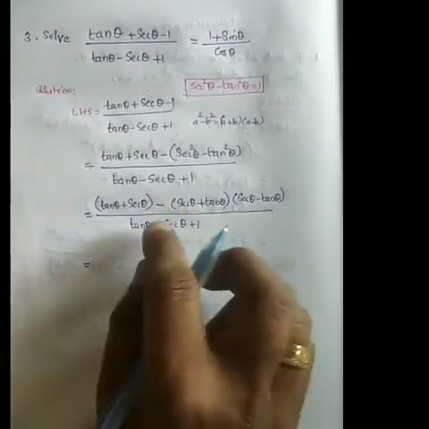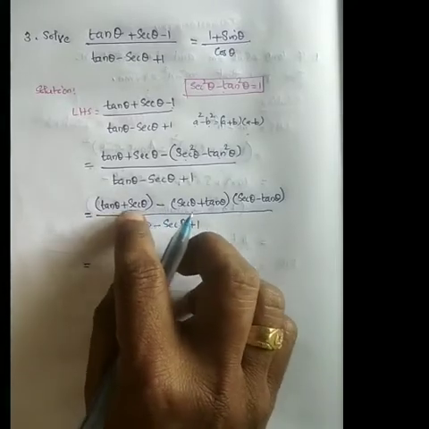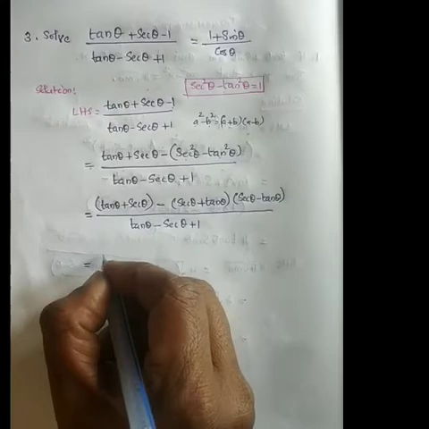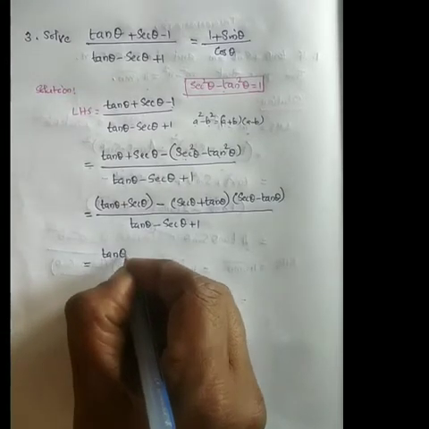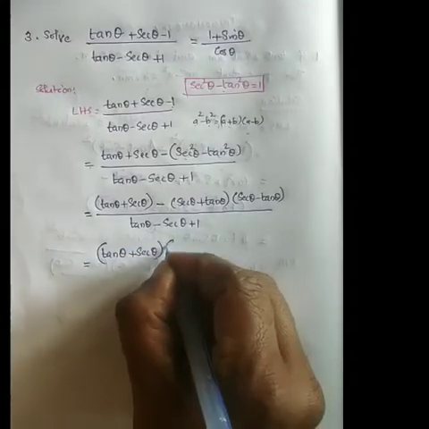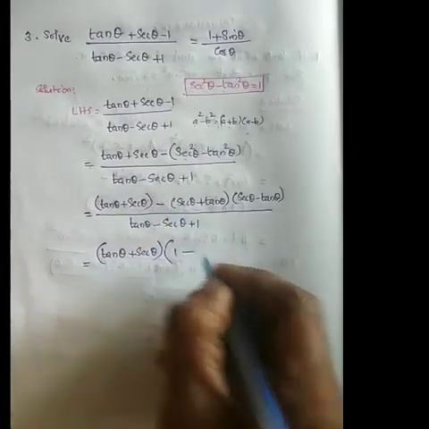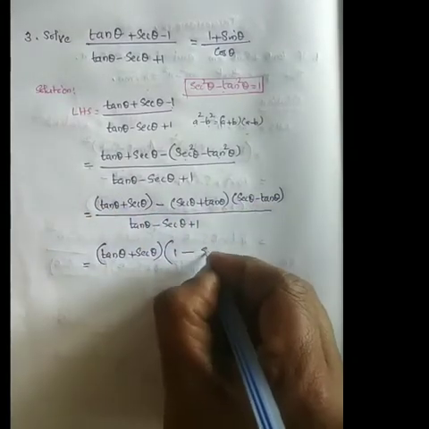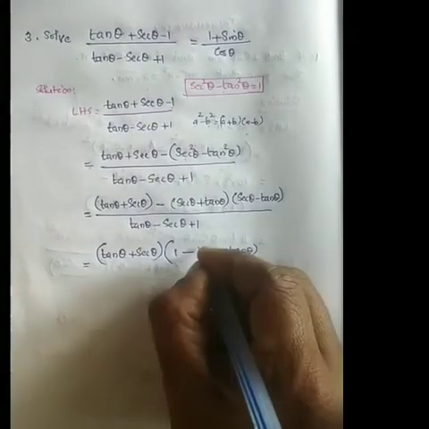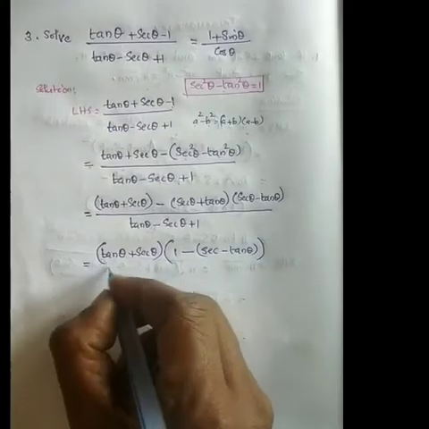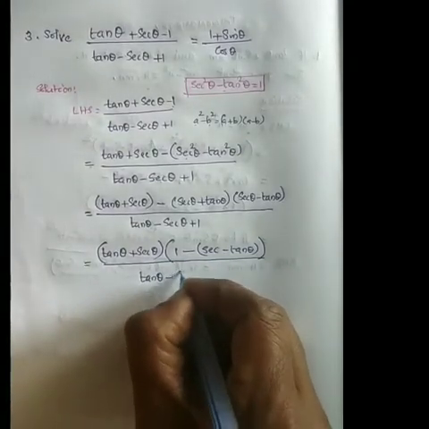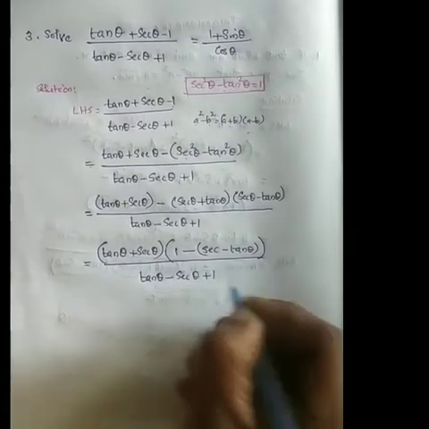See, in the numerator tan theta plus sec theta is a common term in both of these two terms. Take this as common: tan theta plus sec theta into 1 minus sec theta minus tan theta, divided by tan theta minus sec theta plus 1.